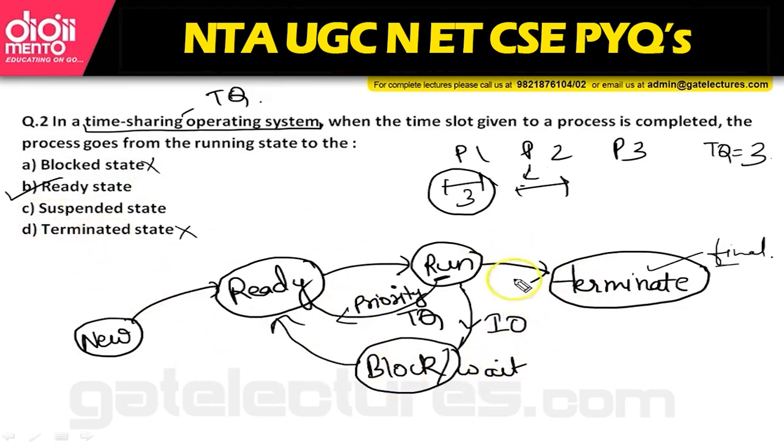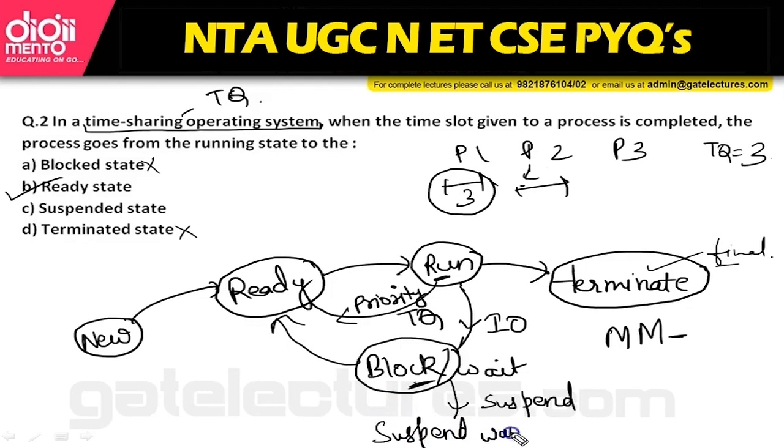Now what is the suspended state? All this is happening in our main memory. Let's suppose a new process has come, and obviously it has to be executed in the main memory, but my main memory does not have sufficient space. So if I have any process in the blocked state, I can shift it out, I can suspend it. We use the keyword suspend here. I can suspend any process, that is known as suspend wait state, and it means it will go to the secondary memory.